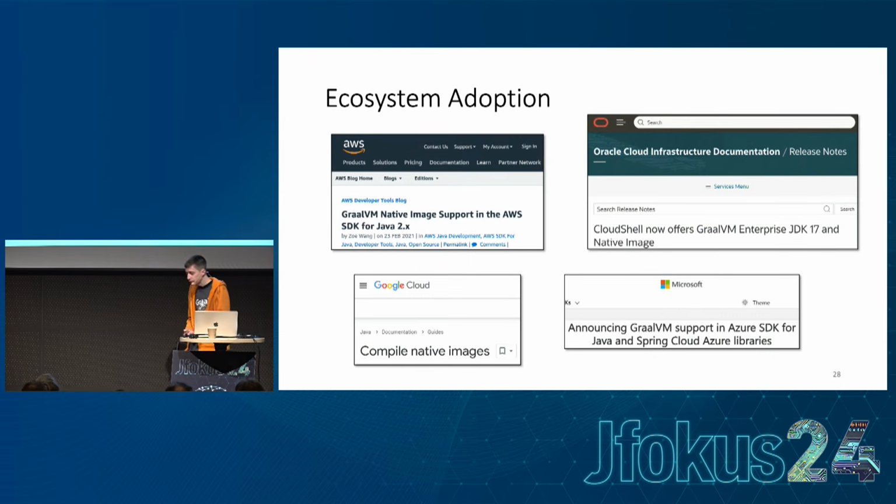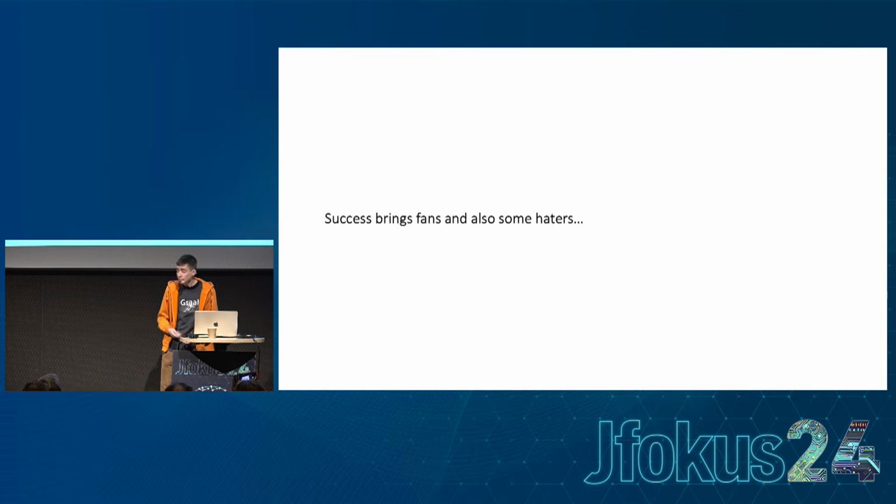And the ecosystem adoption wasn't just in the web frameworks. Nowadays every cloud, Google Cloud, AWS Cloud, Microsoft Cloud, and Oracle Cloud, all support native image. And it's really something that the cloud providers feel is important for their stack. Now, one thing, of course, is a lot of success also gets you some haters.